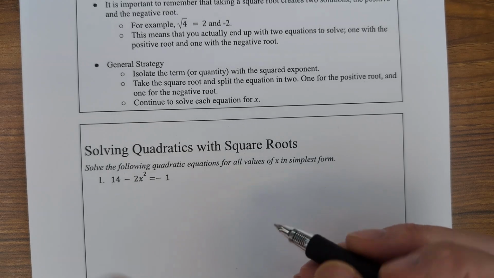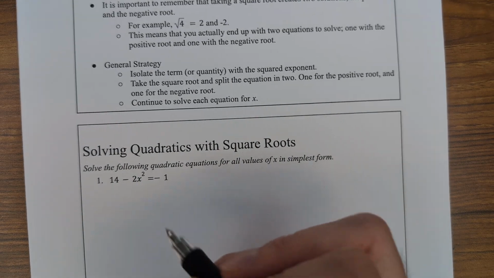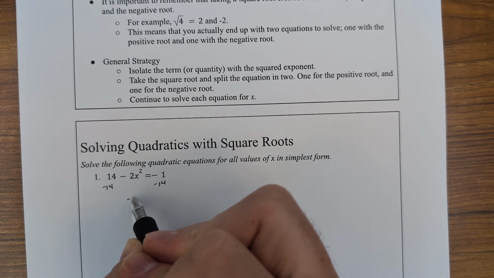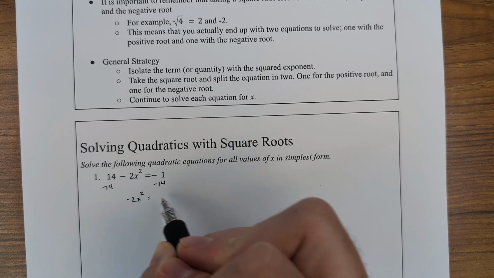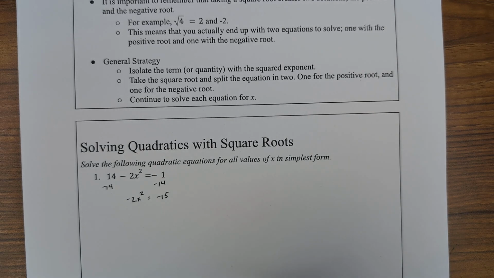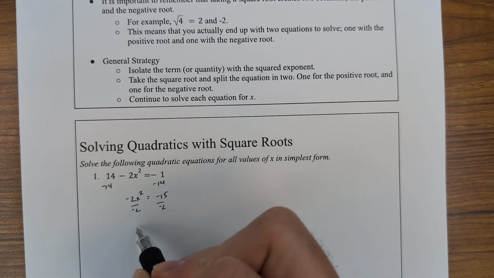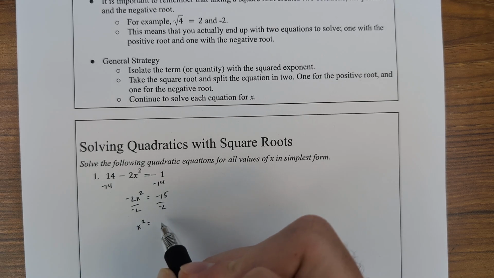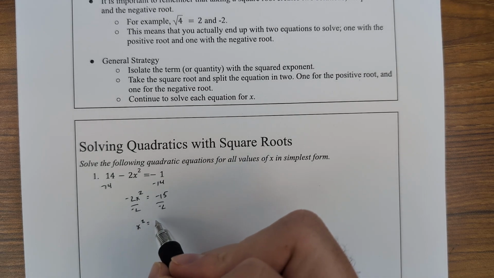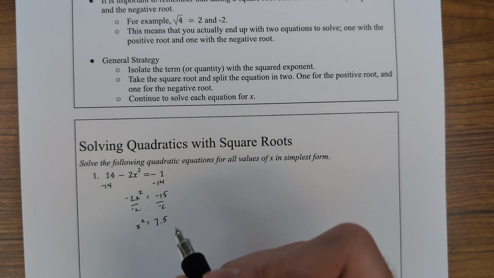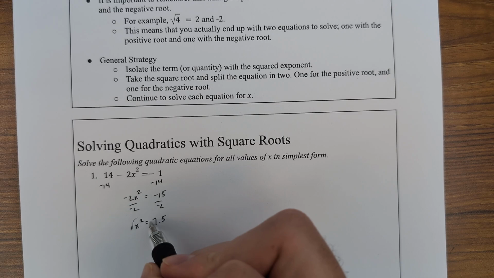So if we look at this one, we want to get that negative 2x squared by itself first. To do that, I have to bring the 14 across. So negative 2x squared equals negative 15. Divide both sides by negative 2. So x squared is equal to 7.5, or 15 over 2. Then I go to take the square root.